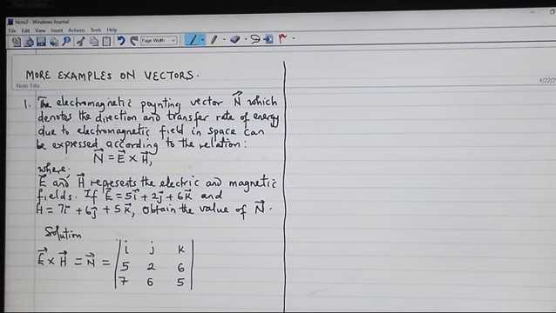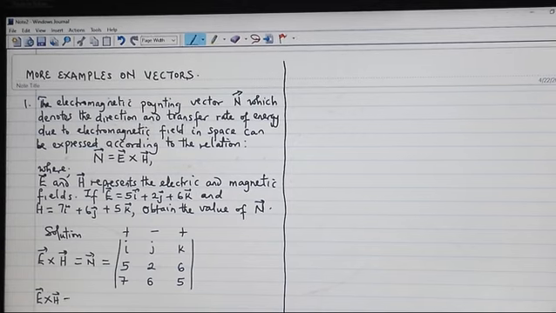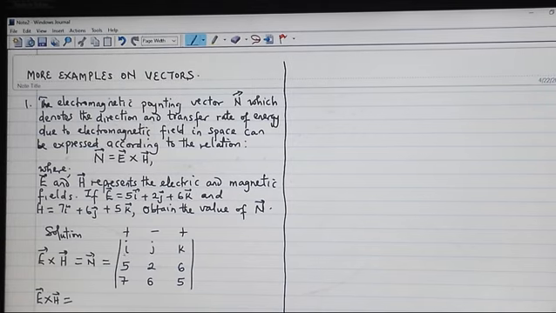Having done this, let's remember that there are signs attached to every column in this determinant box. You have the positive sign here, negative sign, and positive sign. These signs must be taken into consideration when solving for the determinant of this matrix. So we can proceed by saying E cross H is equal to, you take this first unit vector i as a multiplier.